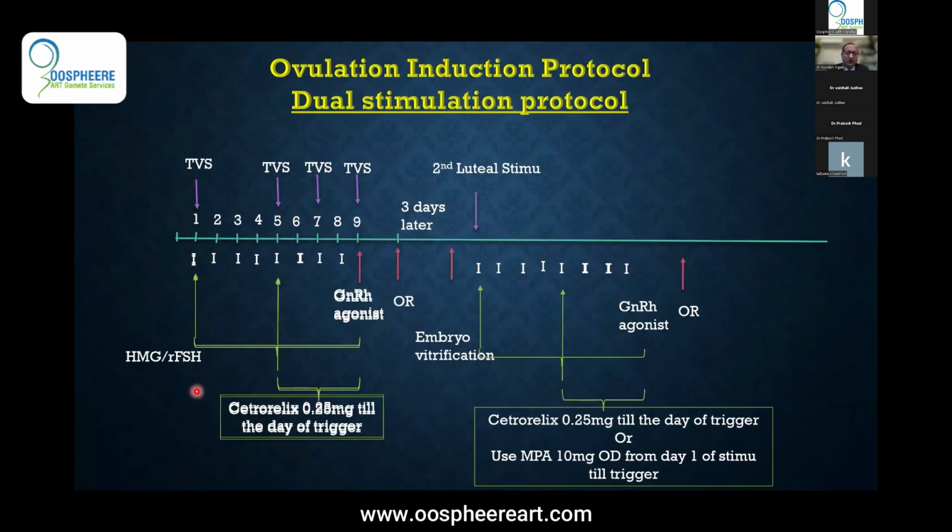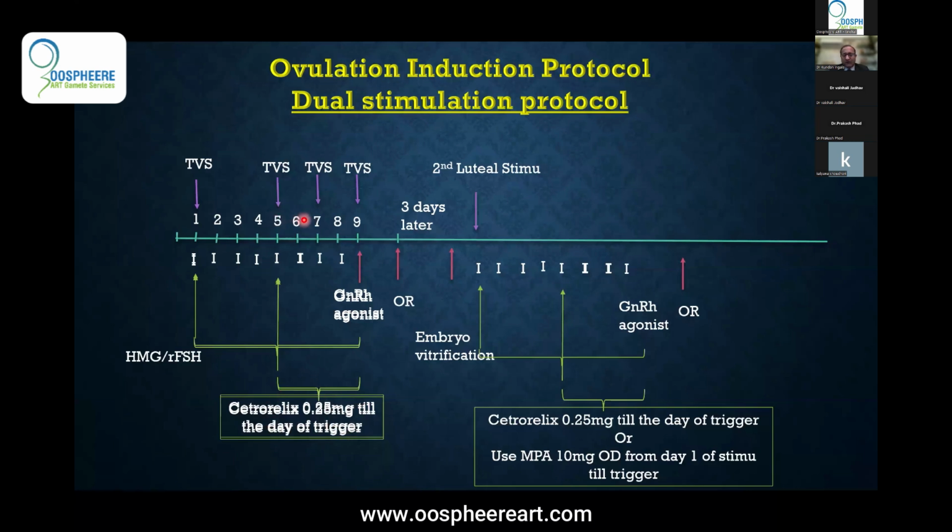Now, the next protocol is the dual stimulation protocol. In dual stimulation protocol, you will understand it very clearly. Everything is as in a GnRH antagonist protocol. You start on the second day and give gonadotropins for 4 days. On the fifth day, along with gonadotropins, you add a GnRH antagonist.